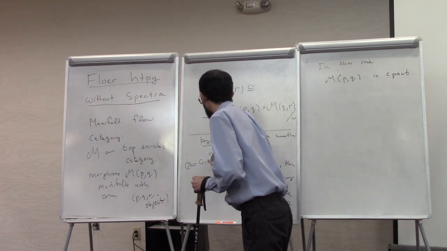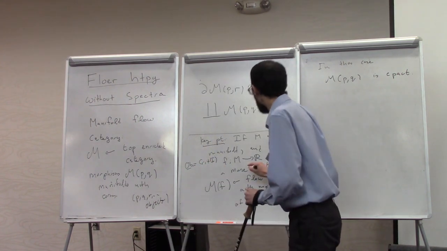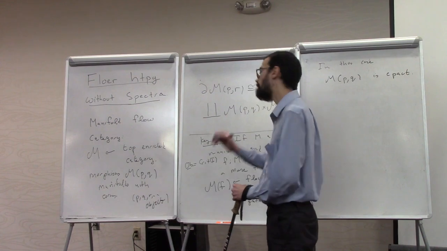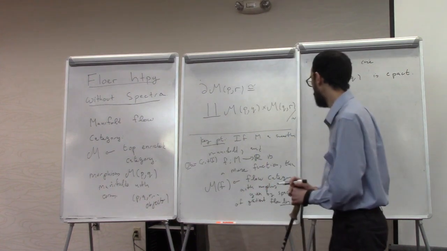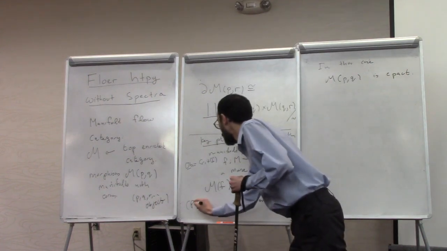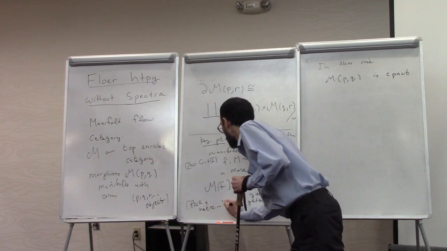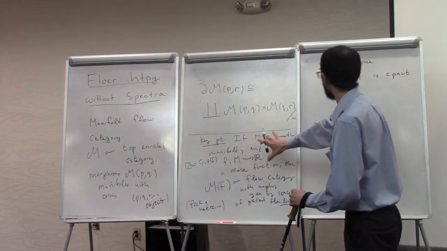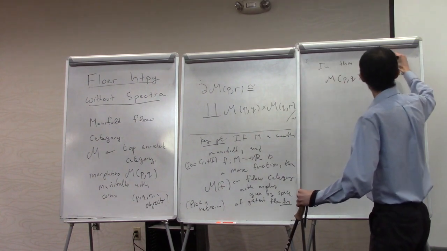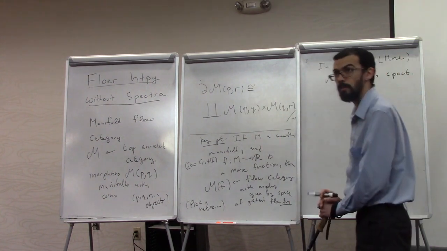And you need still some genericity condition. I should have said Morse-Smale, I should have picked a Morse metric. So pick a metric. So in this case, in Morse theory, this moduli space is compact.